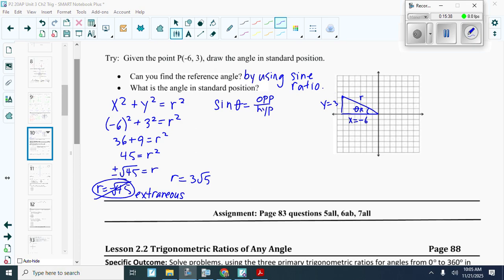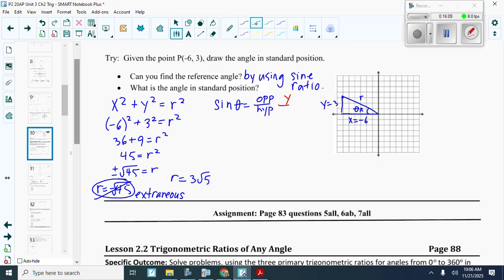Again, because we're growing up from grade 10. In grade 10, we did this: sine theta is equal to opposite over hypotenuse, which is still true. But what would I use if I wanted to use the coordinate letters that we introduced? What is my opposite for sine? Yeah, it's our y. What's my hypotenuse? What did we rename it?